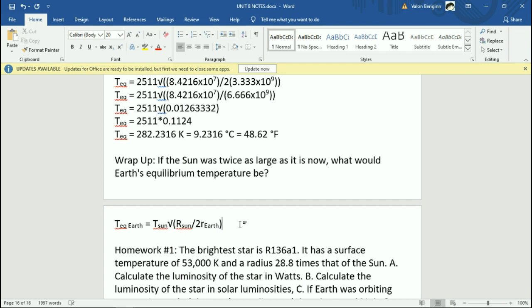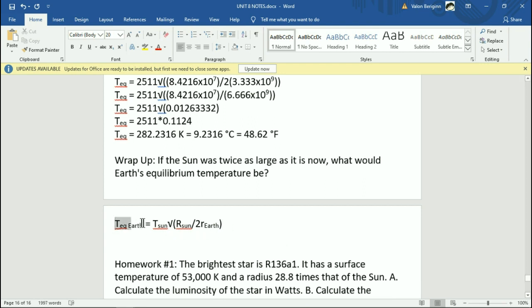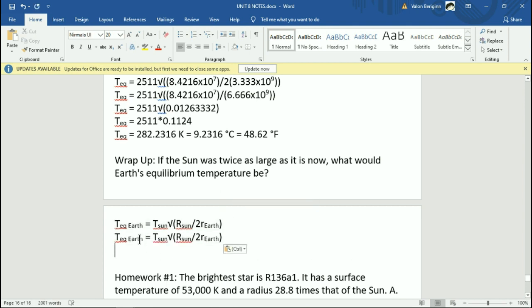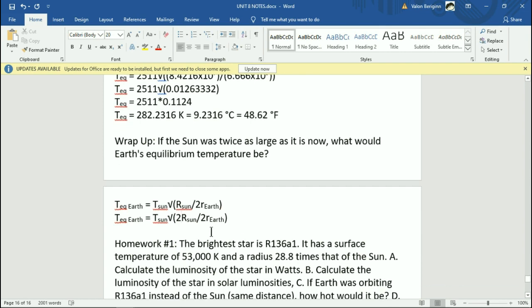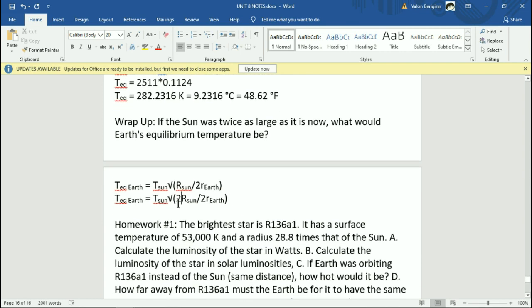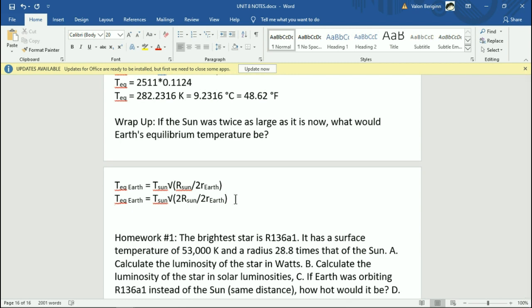But what we want is to instead say, what if I have twice the radius of the sun? Now, everything else is the same, so what you can do is factor this 2 out of the square root. In other words, this wouldn't be T_EQ Earth, but T_EQ New Earth.